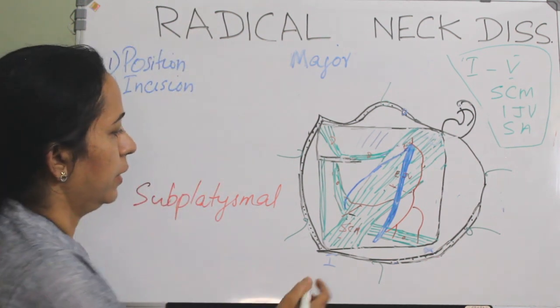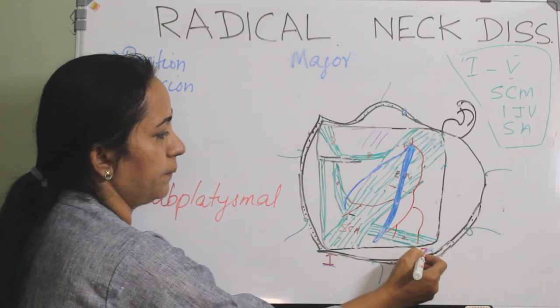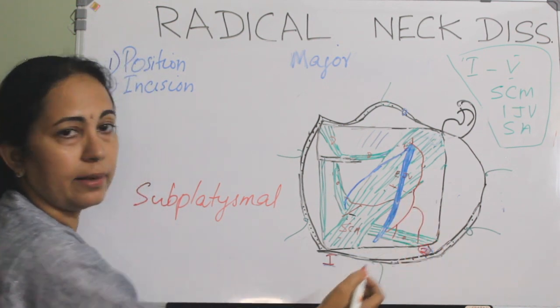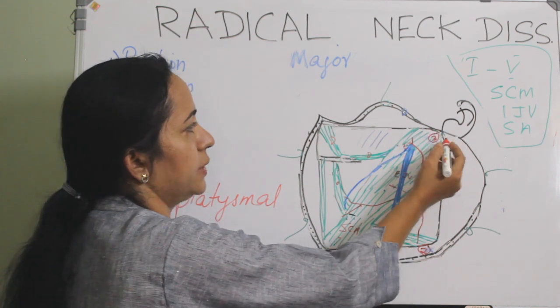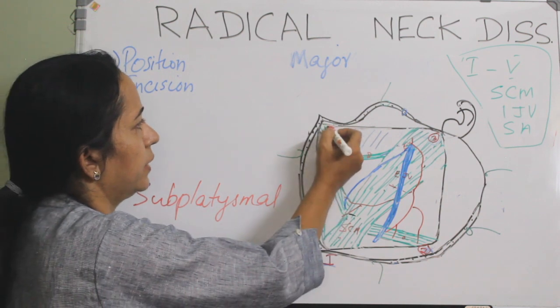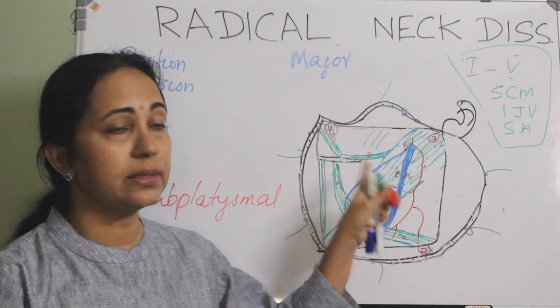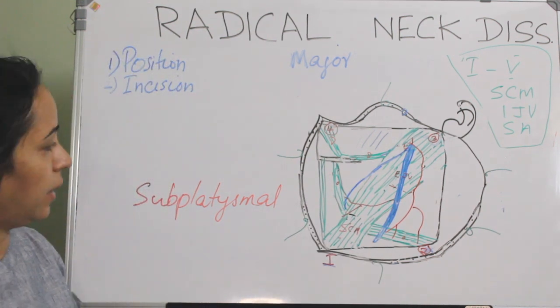Okay, so the lower border of internal jugular, then second is the junction of trapezius with the lateral half of clavicle. Third corner is the upper border of internal jugular vein, and the fourth here comes the submandibular triangle. So these are the major corners of consternation.